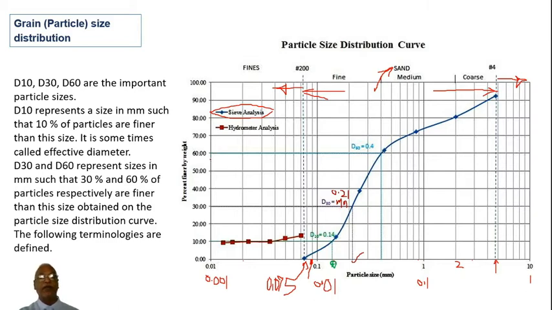Exactly in the same way, for D60 you should draw a 60% horizontal line. It cuts here, I go down and find what the size is. There it is exactly 0.4, and this 0.4 is again in mm only.